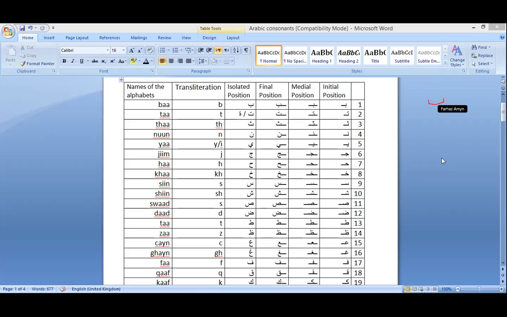Yes, I can see Farhaz is writing. I can see Asiya as well. Gulet, I can see. Yes. Adim, I can see now you're writing.